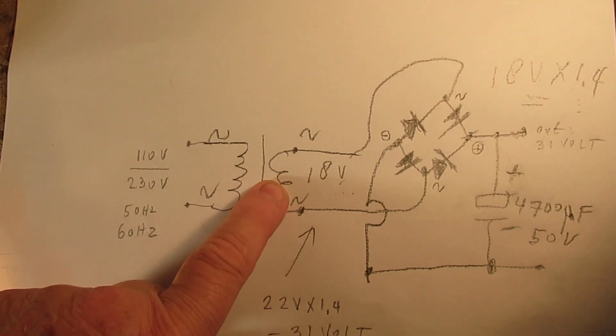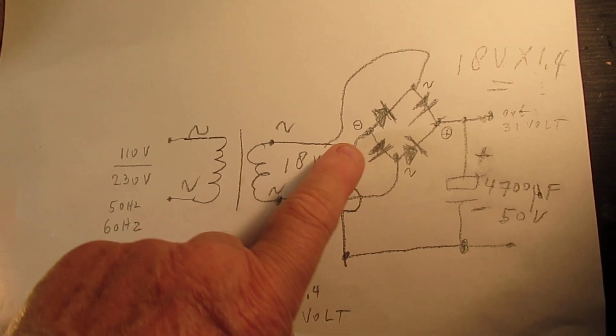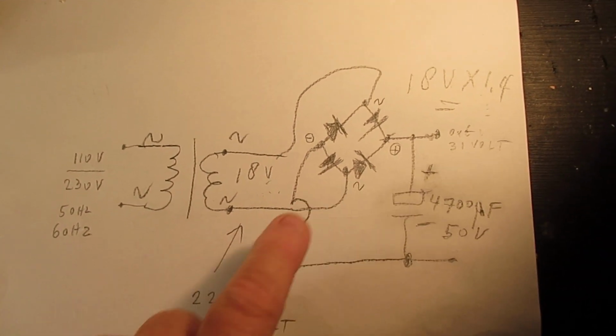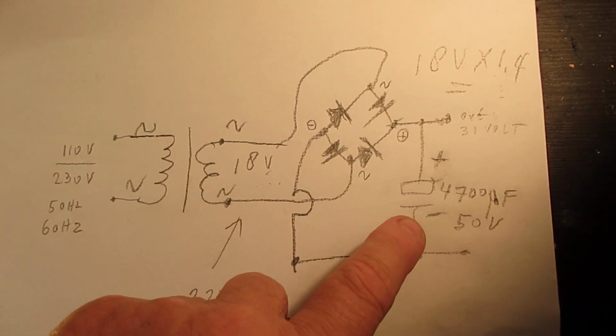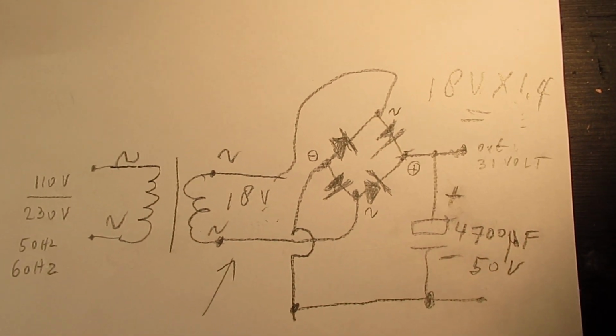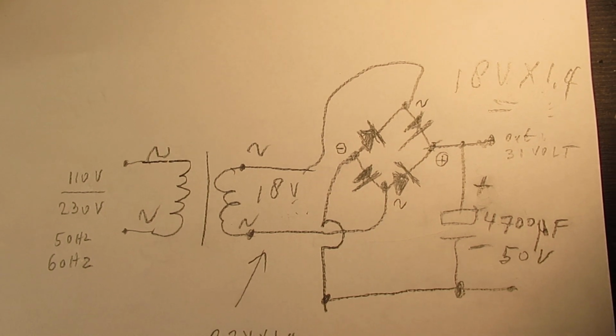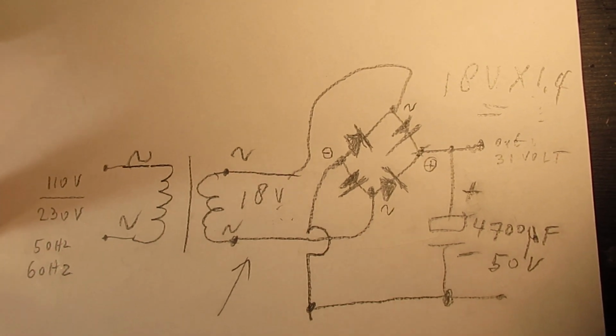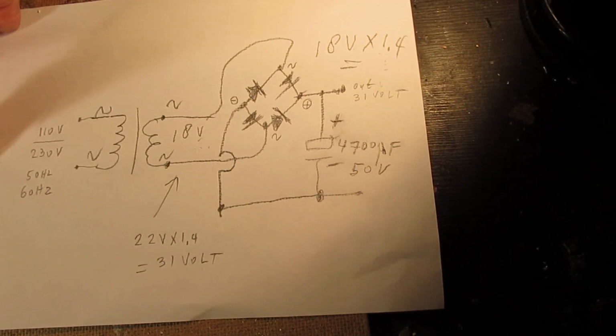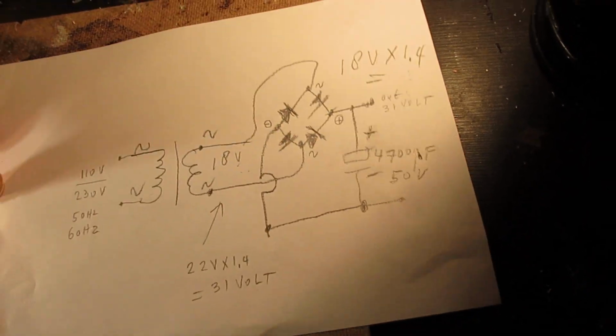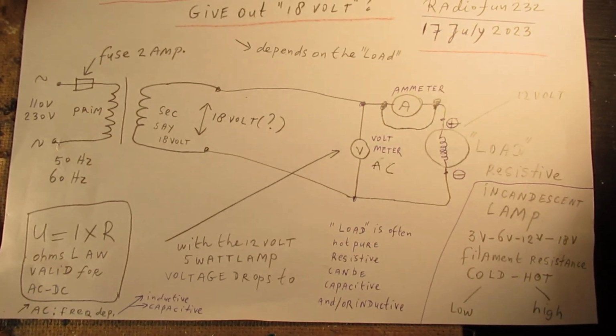So: open voltage, bridge rectifier 1.4 times the AC voltage, and use a good quality smoothing capacitor with a sufficient maximum voltage, taking that factor into account.